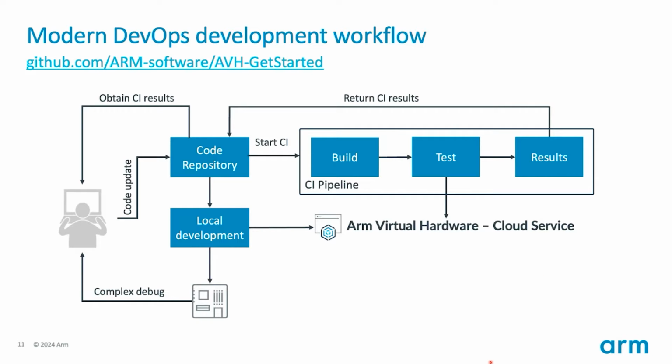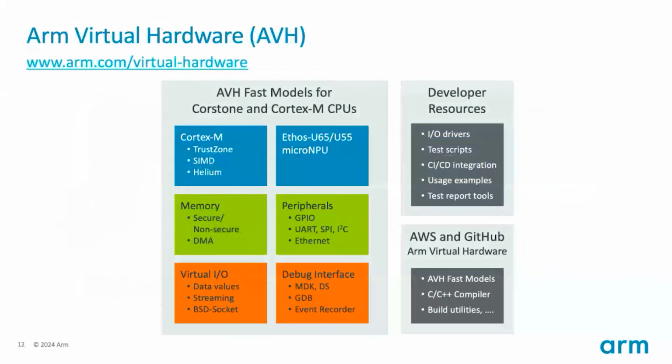And ARM virtual hardware, let's talk about that more in detail. So what is ARM virtual hardware? Basically, it's precise simulation models of a Cortex-M device and its subsystems, which are specifically designed for complex software verification and testing. You can run basically any code on it, RTOS code, bare metal code, whatever. It doesn't care.